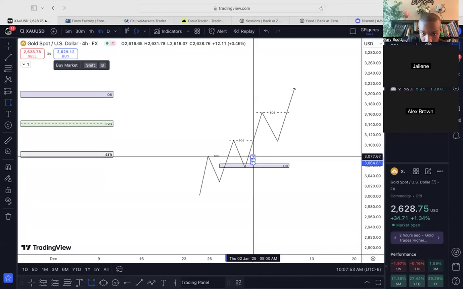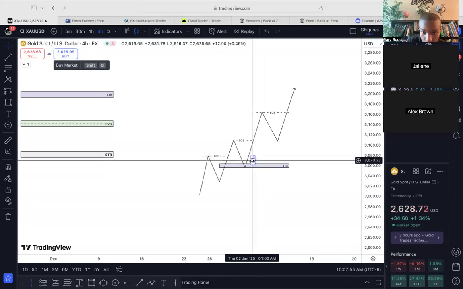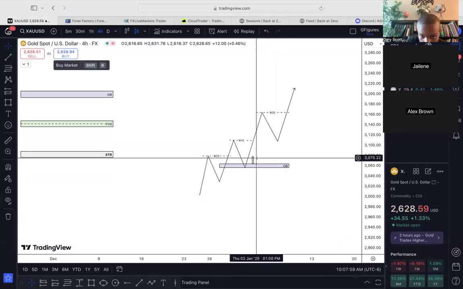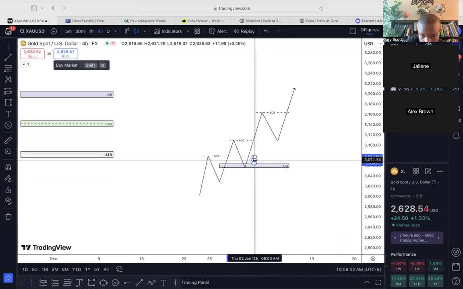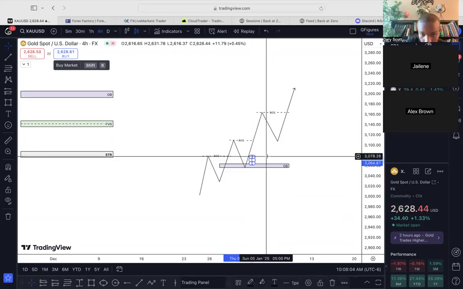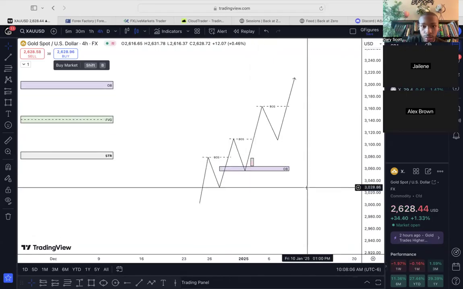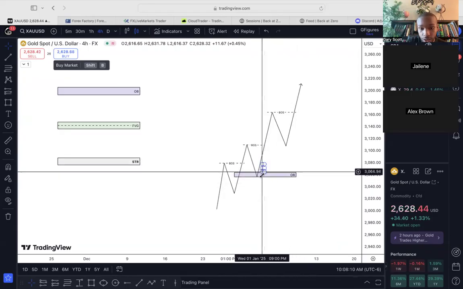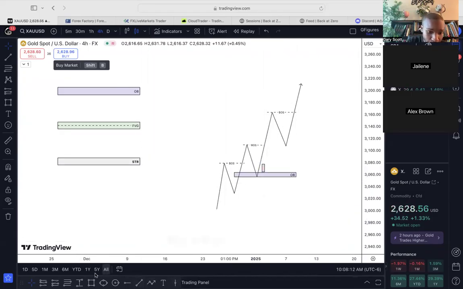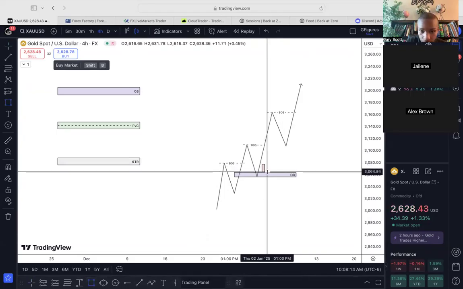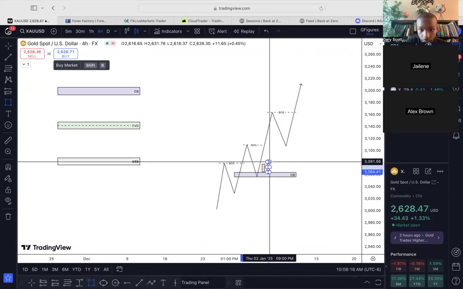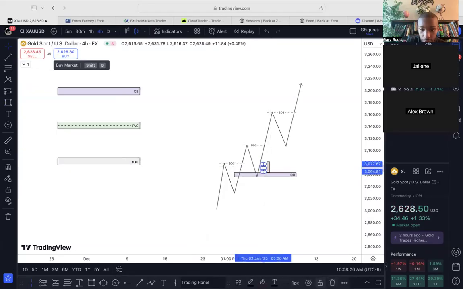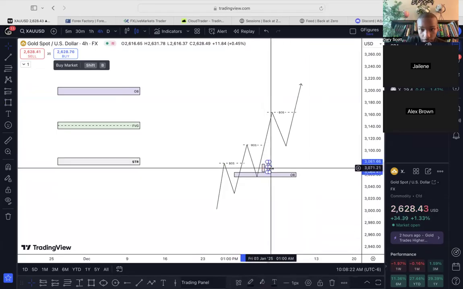You may get a bearish candle like this to the downside, coming down to this order block. But then what may happen is you can end up getting a bullish candle that surpasses the high of that candle.